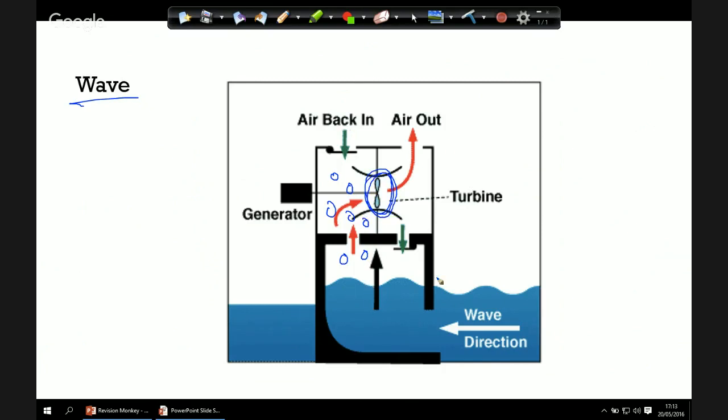If they show you some sort of diagram of this, it's the air in the wave machine that's turning the turbine, not the action of the wave itself. And sometimes you get quite a complex diagram like this, and people haven't thought about this in enough detail. So the air turns the turbine, which, you've guessed it, turns the generator, which generates electricity.